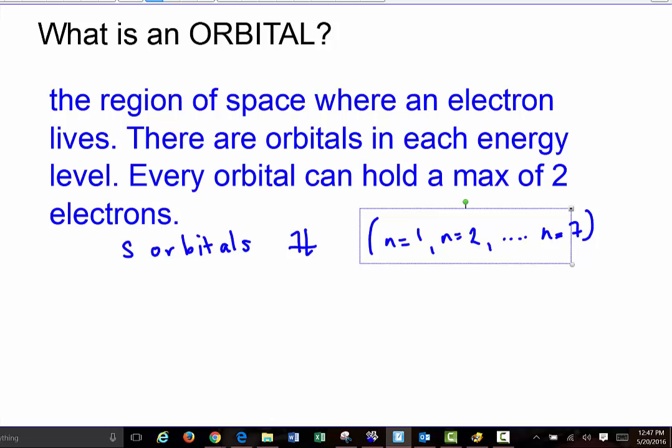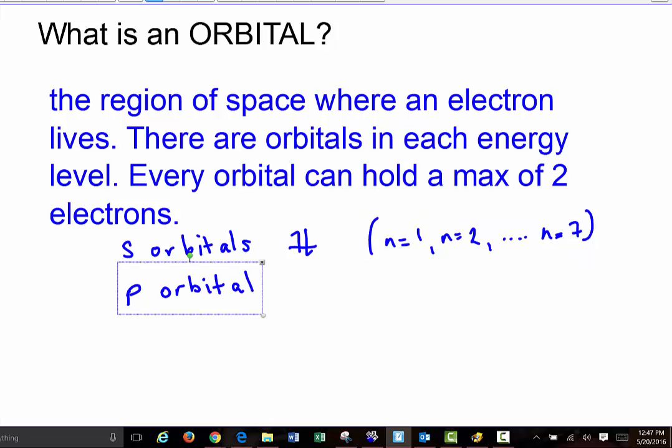There is also a p orbital. Each p subshell has 3 orbitals, and every orbital can hold 2 electrons. So the p orbitals can actually hold up to 6 electrons because there are 3 of them.